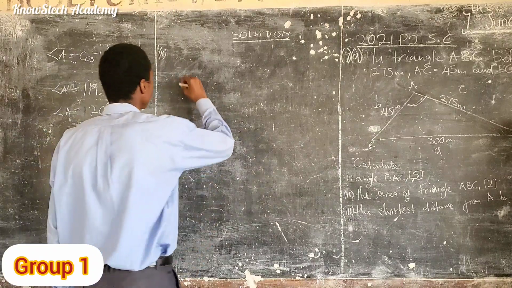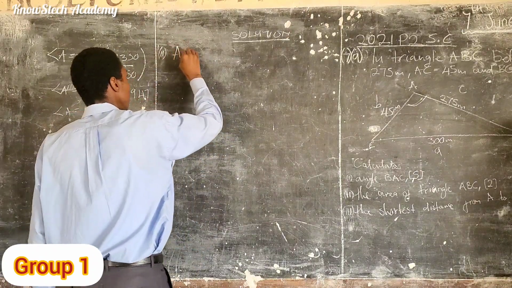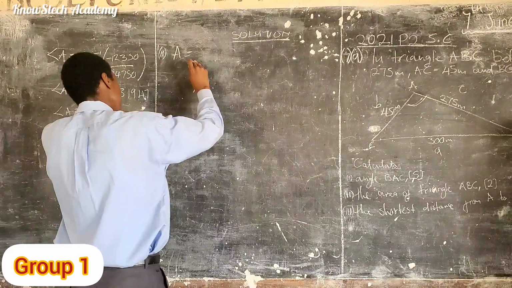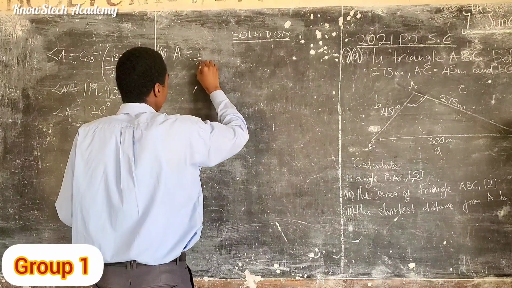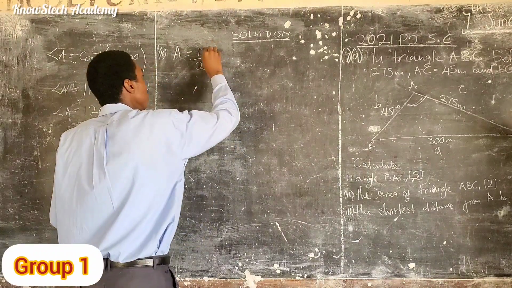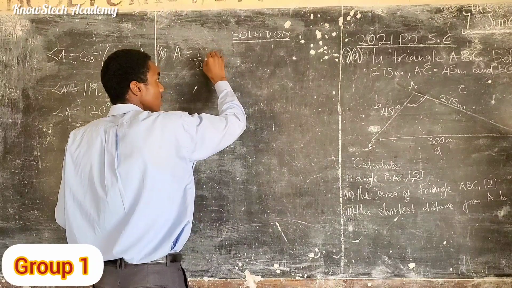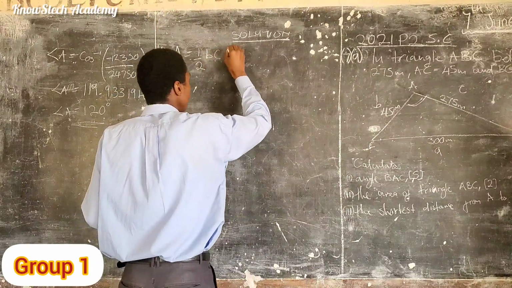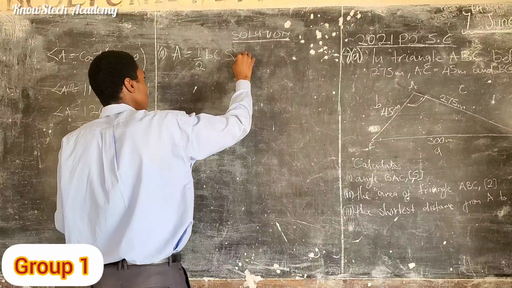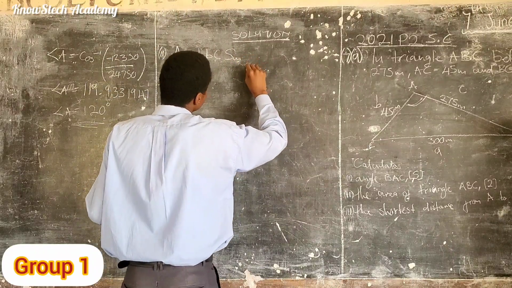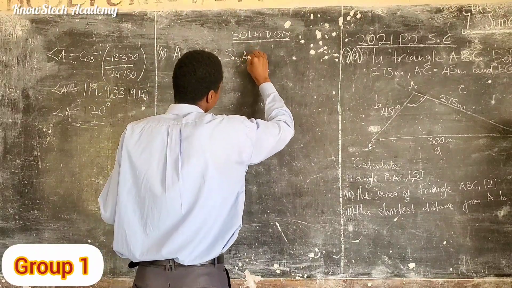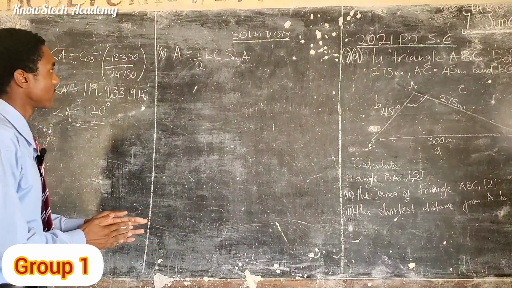Okay, so area equals 1 over 2 bc sine A. Yes, sine A.